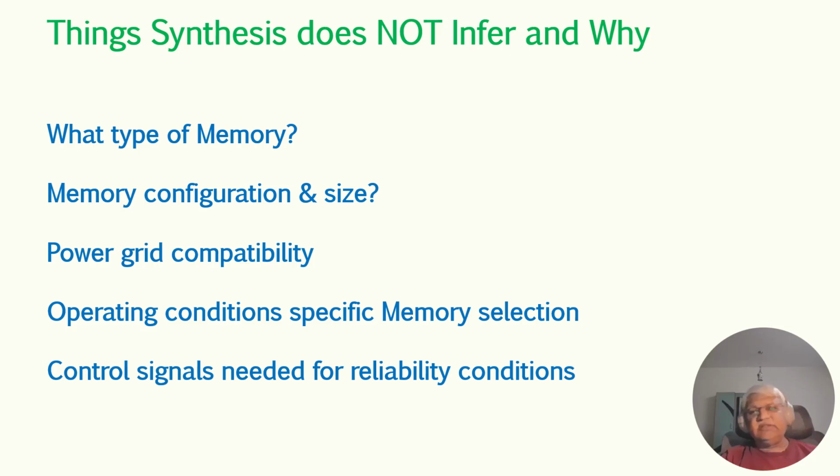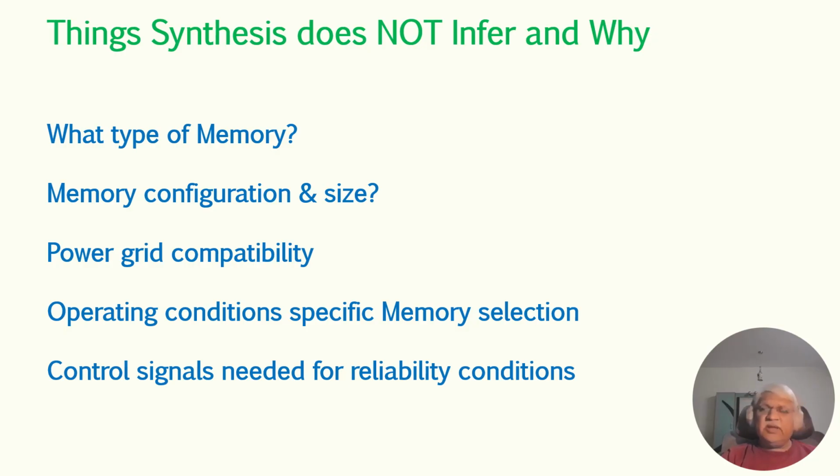All these things are not easy, and sometimes the control bits need to be different for different situations. Those things are also not easy for the synthesis tool, because it cannot arbitrarily select, which may be disadvantageous for system performance.